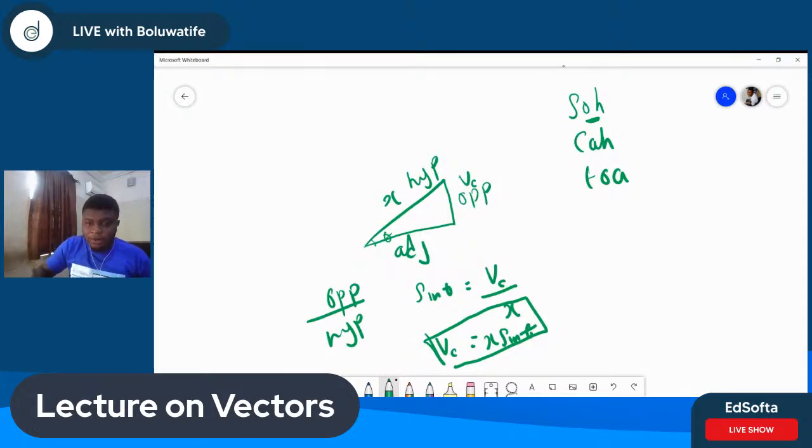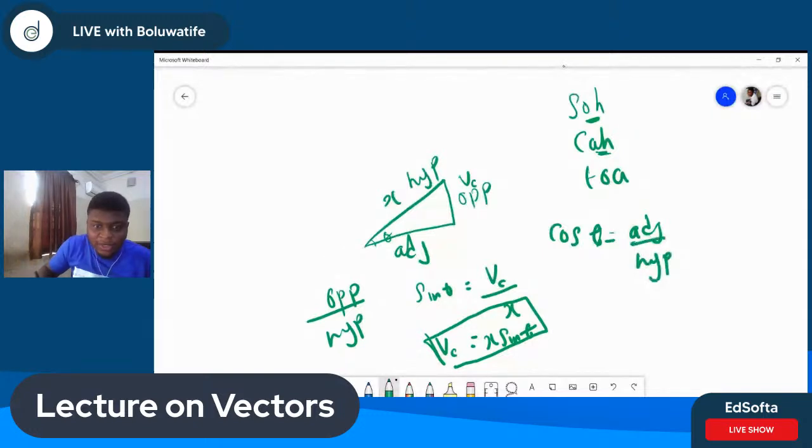Now, to find the horizontal component, if you look at this guy here, it means adjacent over hypotenuse. So what I'm saying here is cos theta is equal to adjacent over hypotenuse. I'm adjacent here, so I'm just going to name this one the horizontal component.